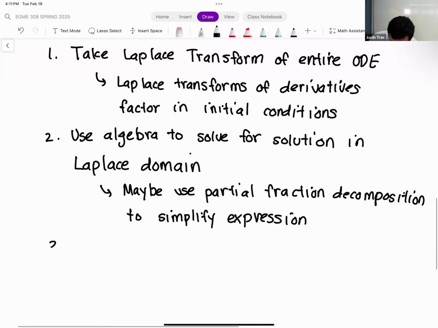Then once you have that, the last step in this process is to simply take the inverse Laplace transform to transform your solution back into the physical domain.